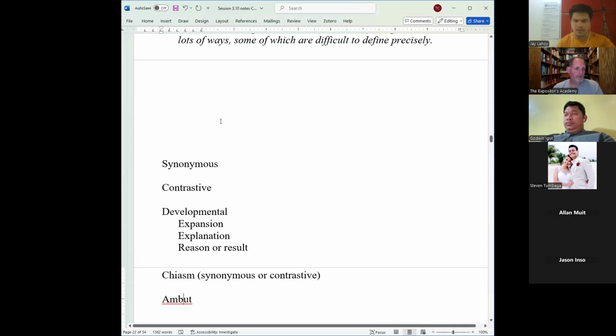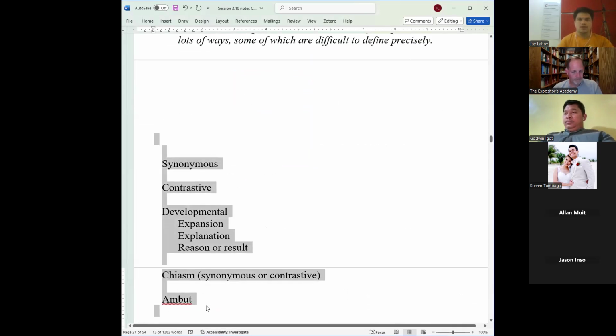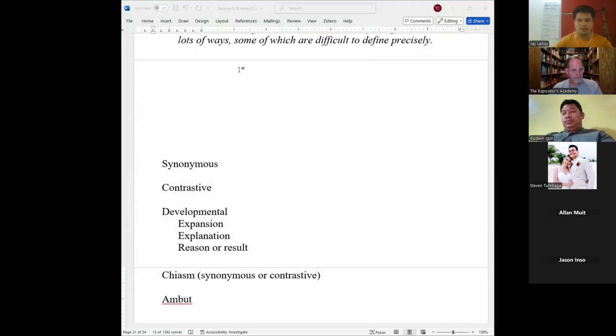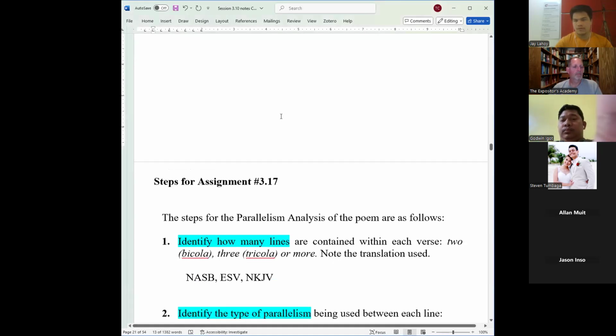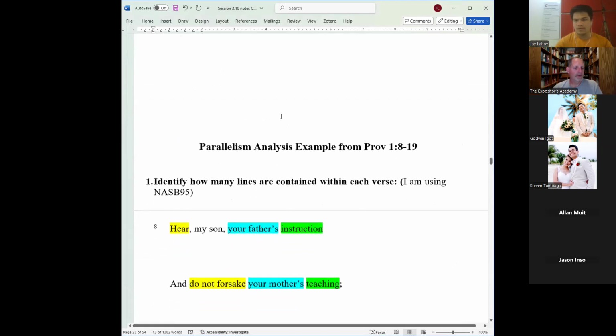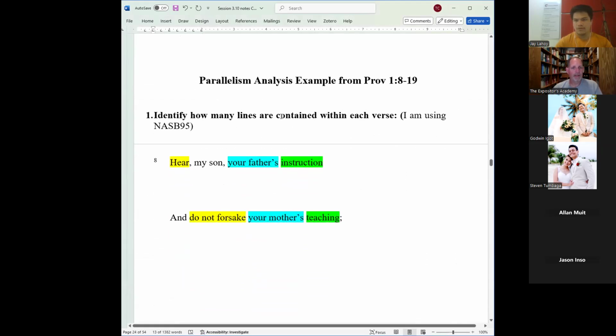Okay, let's jump into Proverbs 1, 8 to 19.